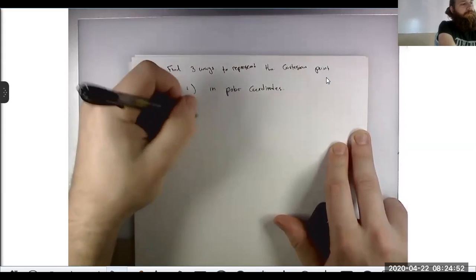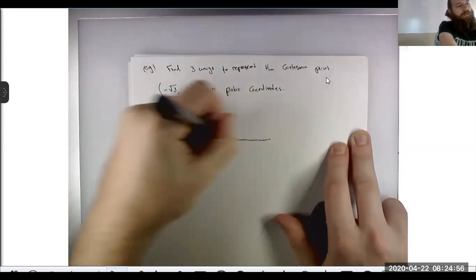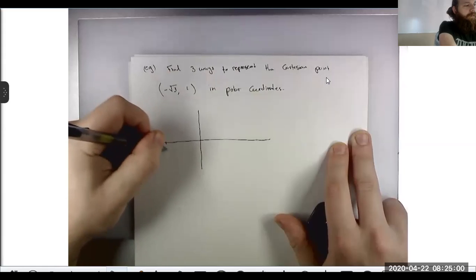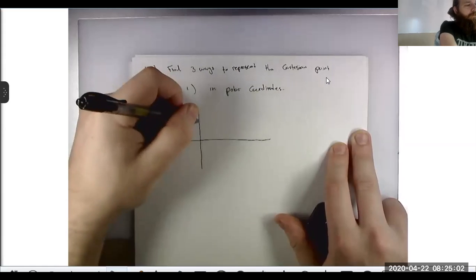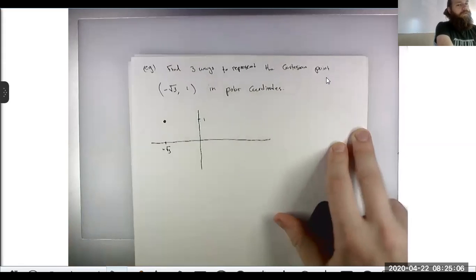Right, so I'm going to start by drawing the point. So I come out here to negative root 3, and up here to 1. There she is. All right, there's my point.